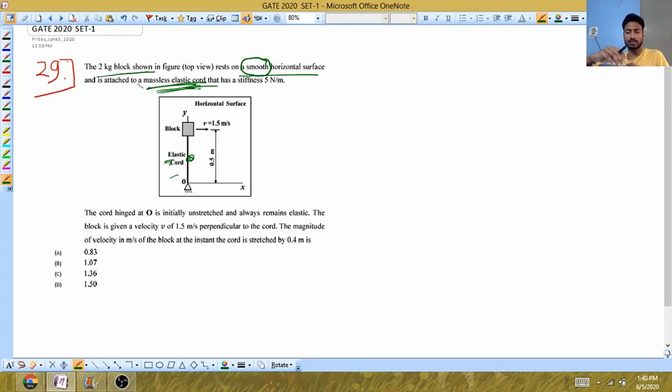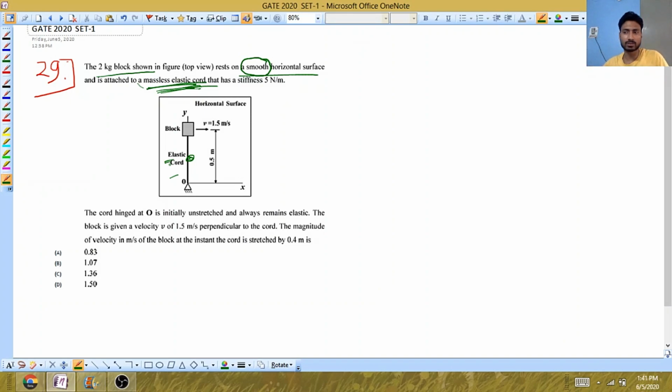So suppose there is a spring that is attached and hinged at this point, and on this surface this spring is there, and the mass is placed at the end of this spring. So you are applying a velocity to this, so it will move in this way.